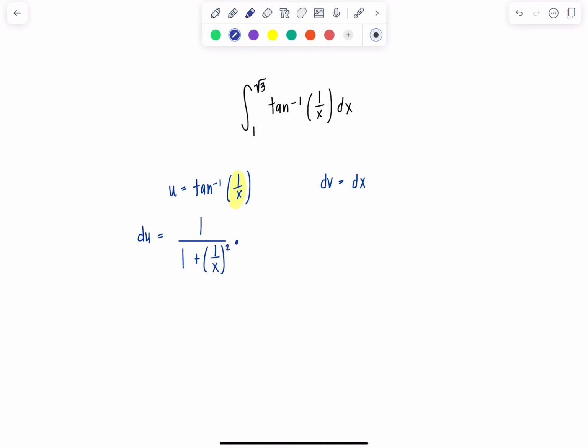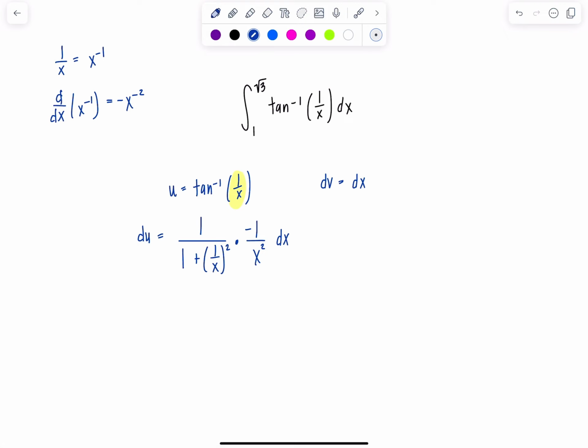Well, if you forgot, remember 1 over x is x to the negative first. So if I take the derivative of x to the negative first, it's going to be negative x to the negative second, which is the same as negative 1 over x squared, right? Don't forget your dx.